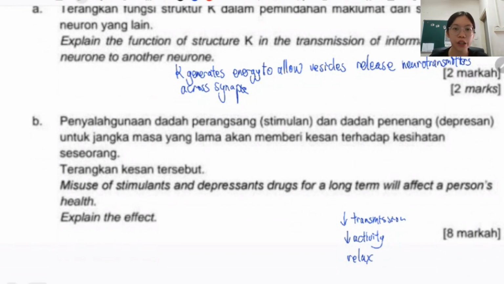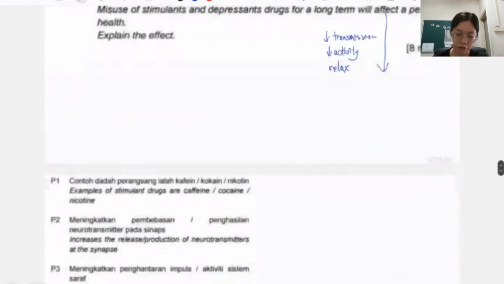But how are you going to explain the effect? You can explain all these things. But last but not least, it will lead to memory loss, loss of ability to focus maybe because you're too relaxed, and maybe organ damage. So these are the effects of it.